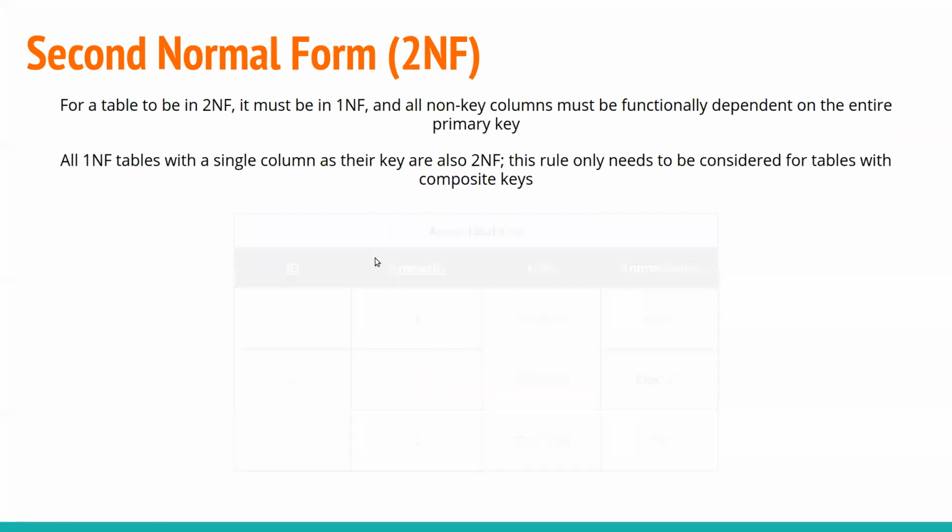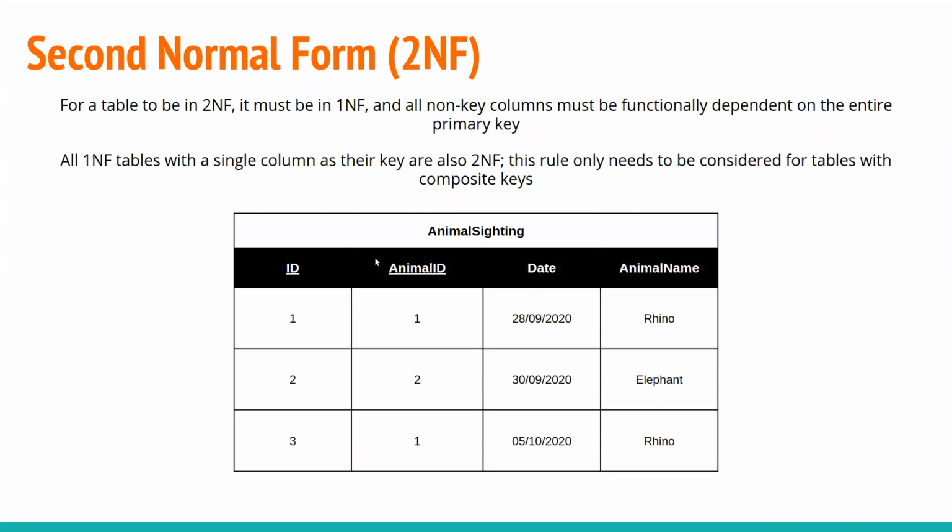So let's go back to our previous example of a composite key, where we have two columns in our primary key. In this case, we now don't know yet whether or not this table is in 2NF. We have to establish, are all non-key columns functionally dependent on the entire primary key? And the answer to that is actually no in this case.